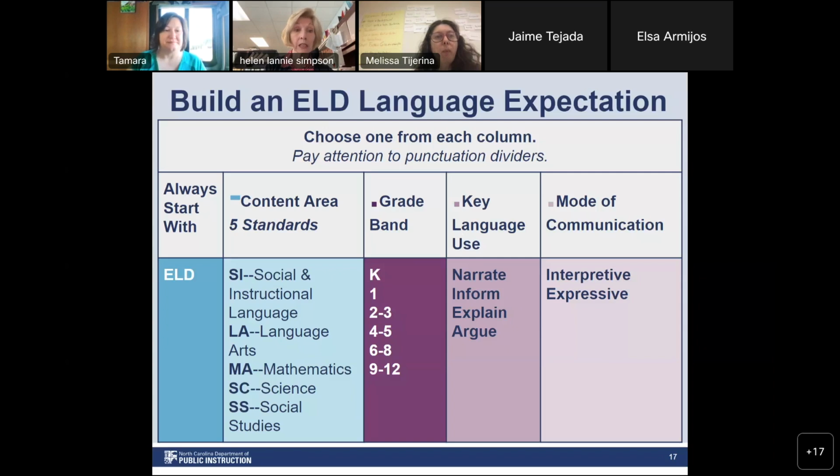And so they've expanded speaking and writing to also include what they call representing. So, drawing, sketch notes, graphics, you name it. And so, that is how a language expectation is built as far as the nomenclature goes.